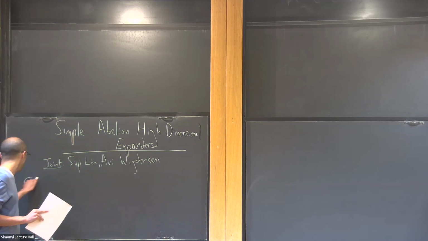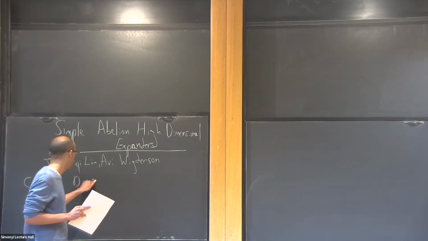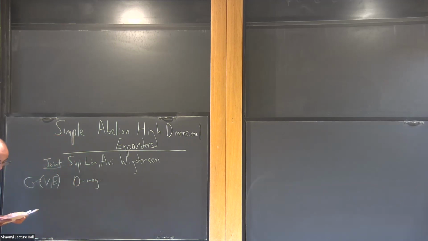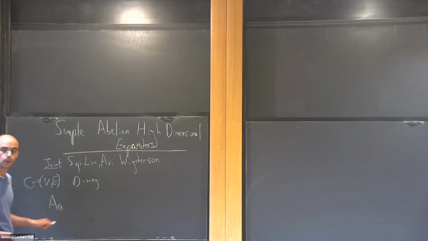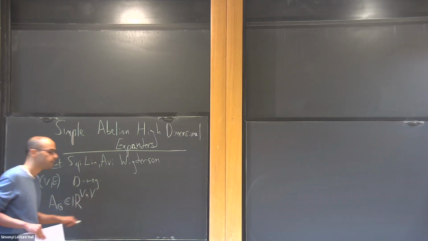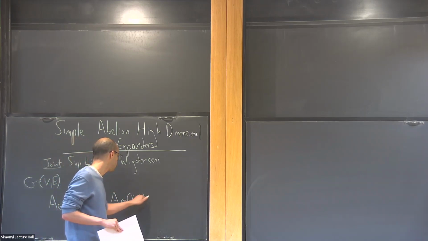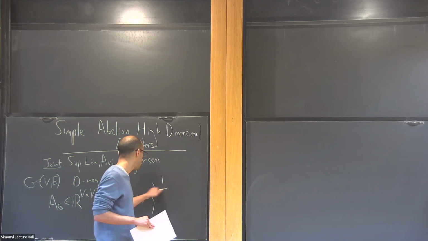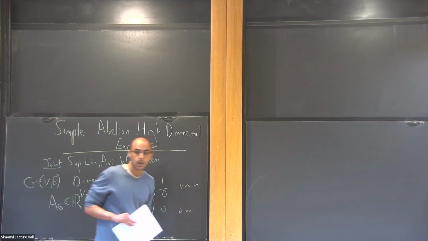In this talk, all my graphs are going to be regular. So let's call the degree of a vertex capital D. And I will use the spectral definition of expansion. So let me denote the normalized adjacency operator of G to be this matrix that's indexed by the vertices in the rows and columns, and A_G at the point (v,u) is just going to be 1 over the degree if v and u are neighbors, and 0 otherwise.